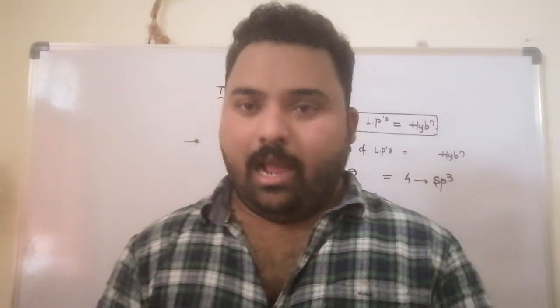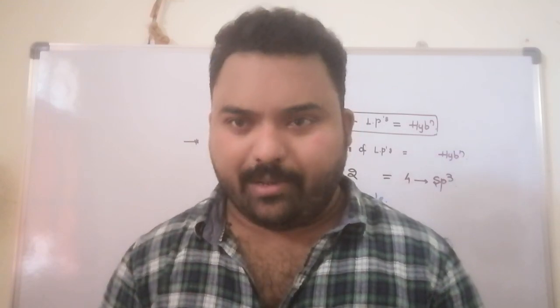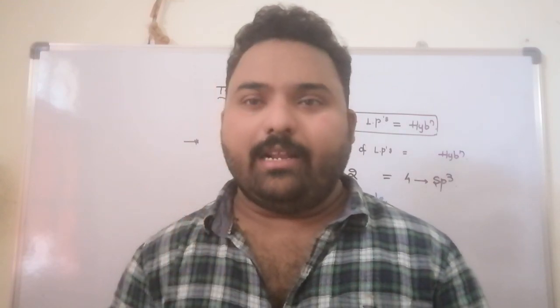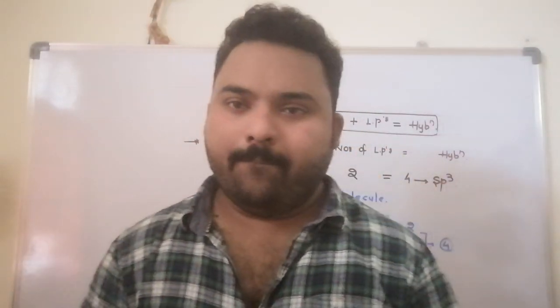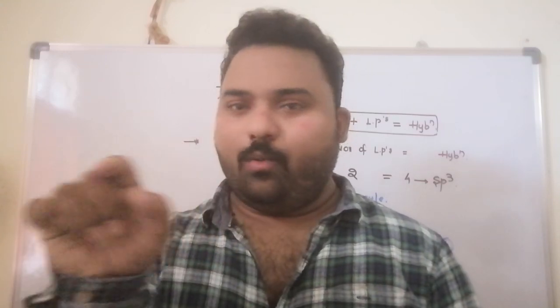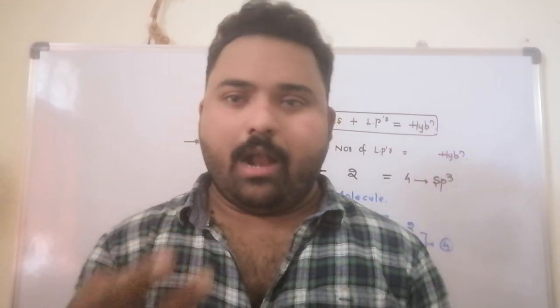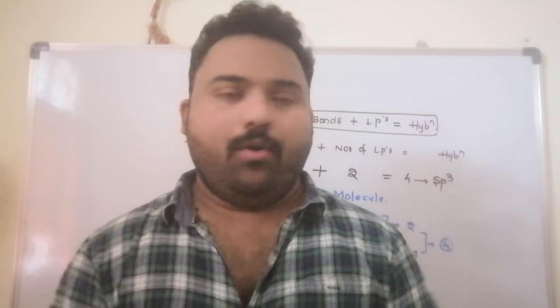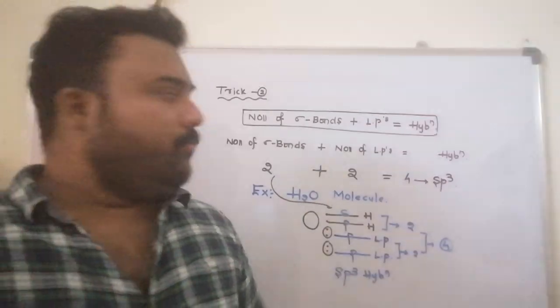If lone pairs of electrons are present, then we use trick number 2: the number of sigma bonds plus lone pairs. One lone pair means 1, 2 lone pairs means 2, like that. I am going to give another 2 examples using trick number 2.